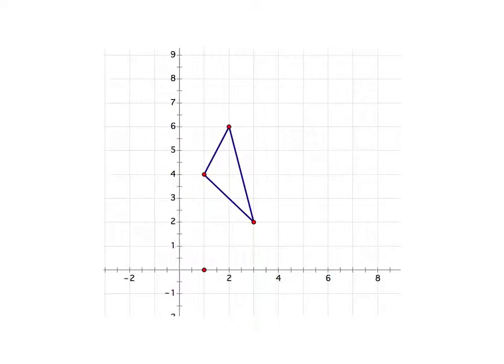Okay, let's try this. The new one is going to be at 3, 2, at 1, 4, and at 2, 6. This is the same as the homework, so you might consider, well, however you want to do this.